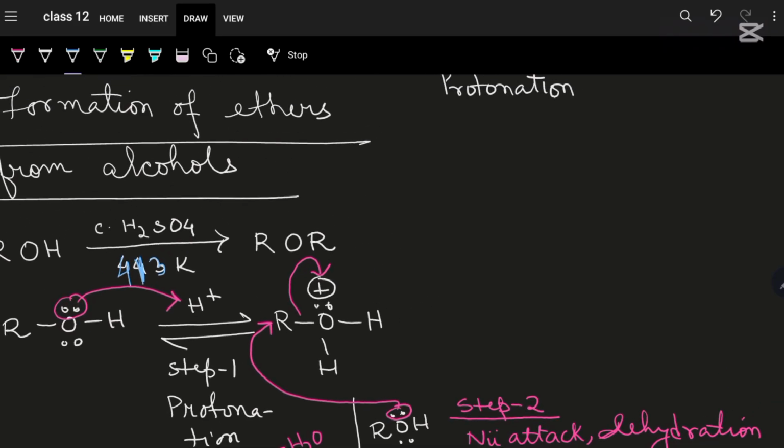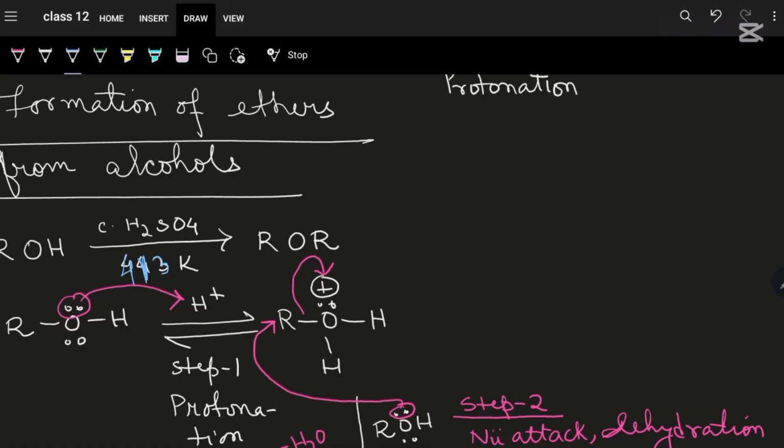So dehydration of alcohol gives alkene and also ethers at two different temperatures, one is 413 Kelvin, the other is 443 Kelvin. Heat is required in order to obtain alkene, and the other one is forming ether.